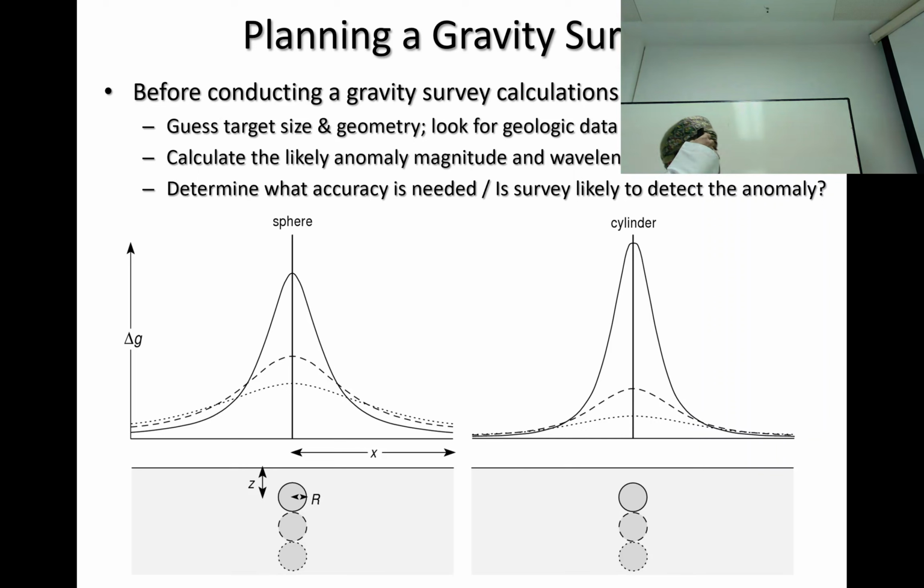So usually we talked about the response we get from a sphere and a cylinder. It's hard to distinguish them easily because of what we call non-uniqueness. Many different models can give you the same response. That's very true especially in potential field methods.